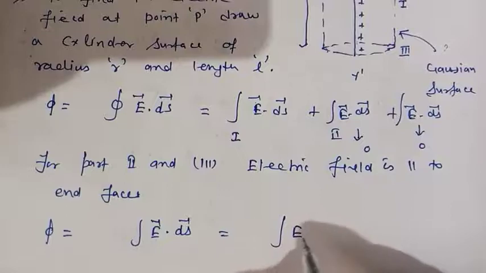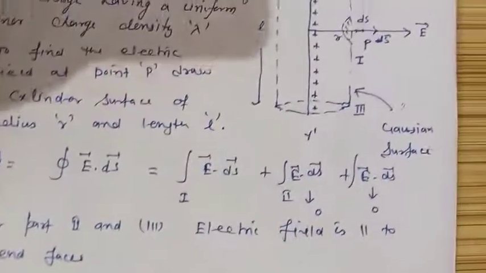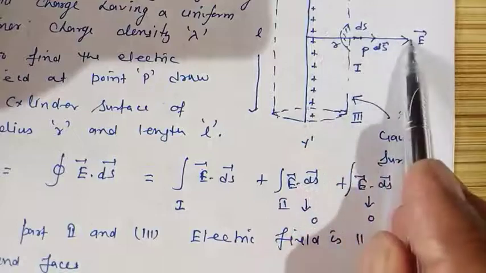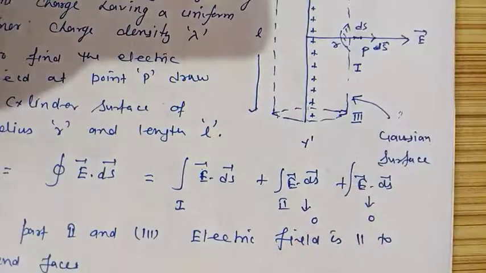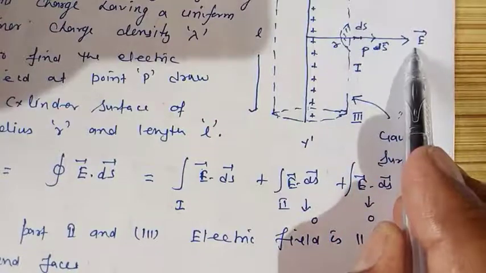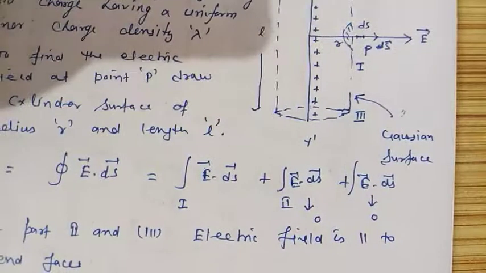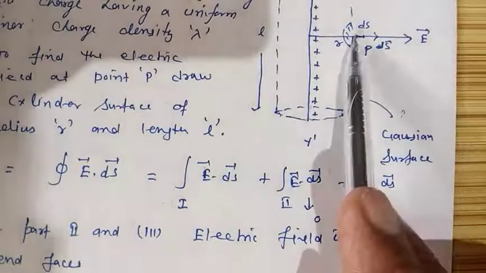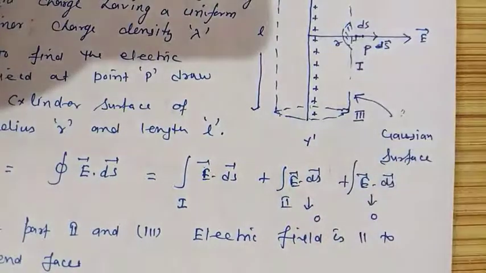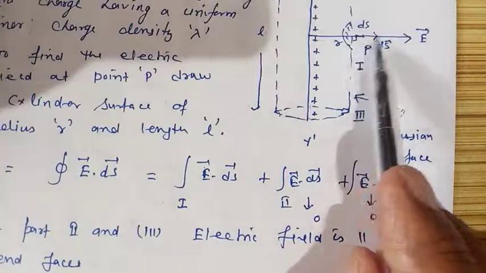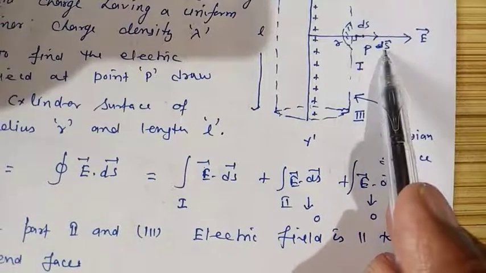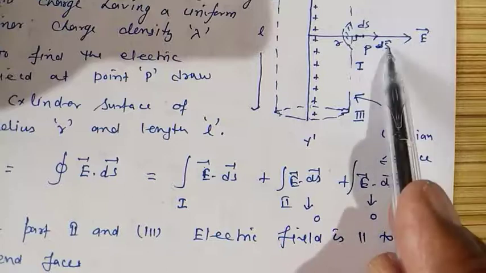If you see here, in the curved part, electric field is perpendicular to the surface but parallel to the area vector. This is the important point. See here, electric field is perpendicular to this surface, right? But area vector also lies in the same direction. So electric field and area vector are in the same direction, so the angle will be 0.